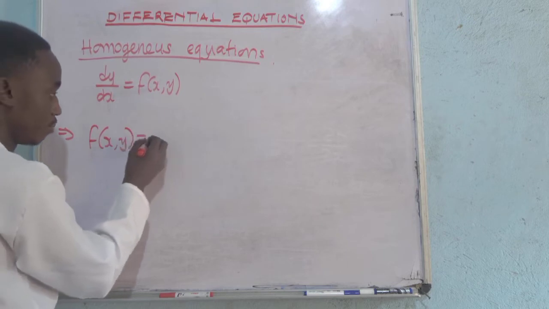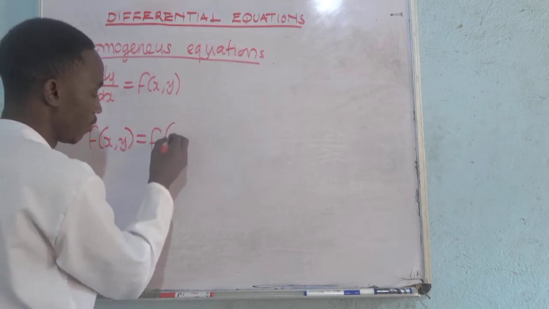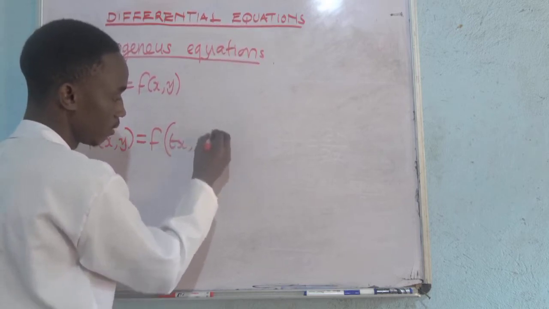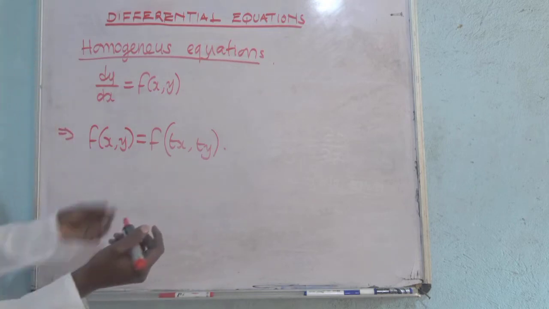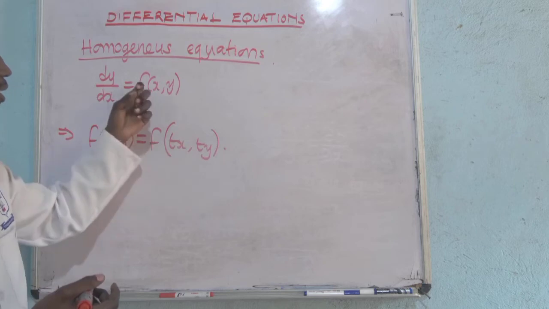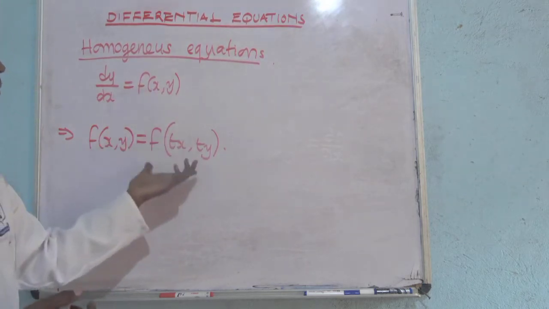This should be equal to the same function where x and y are multiplied by some t. So meaning, if you are given some equation like this, and you multiply t within the x and y, these two should then be equal.